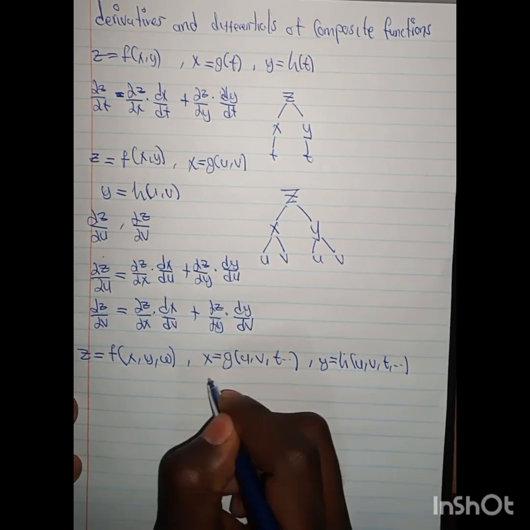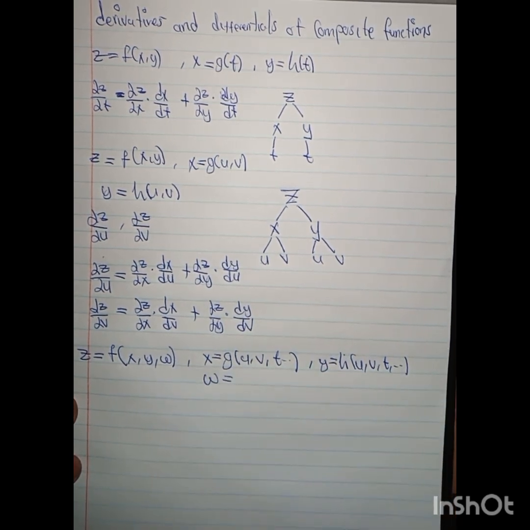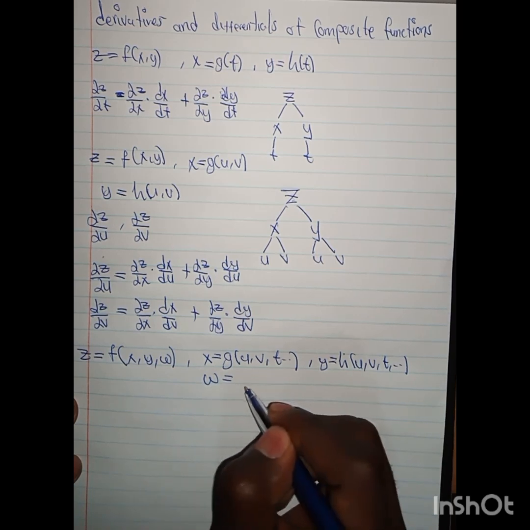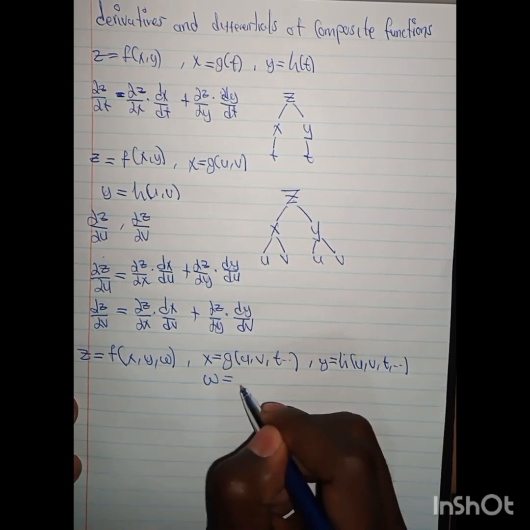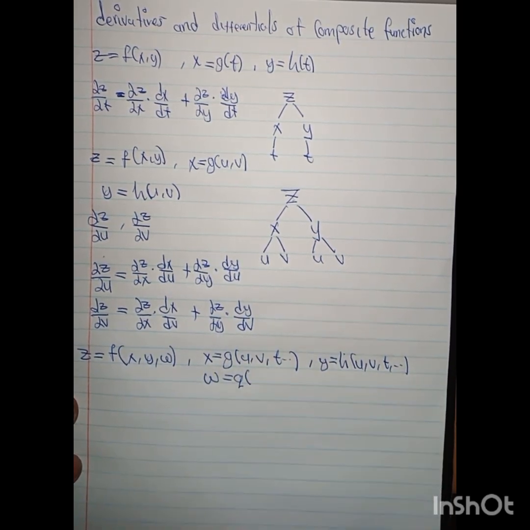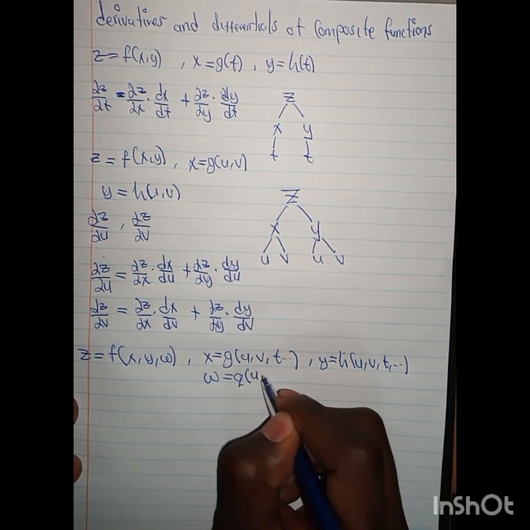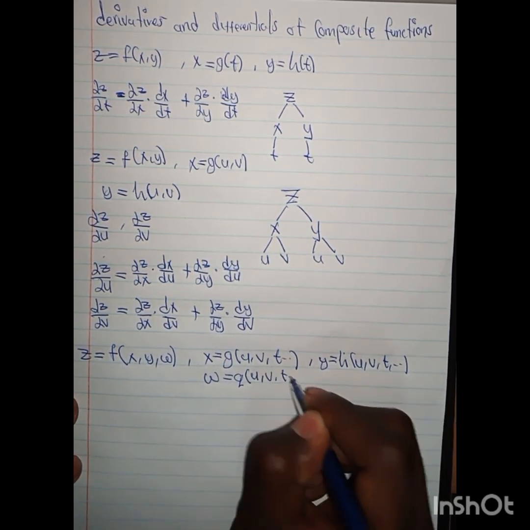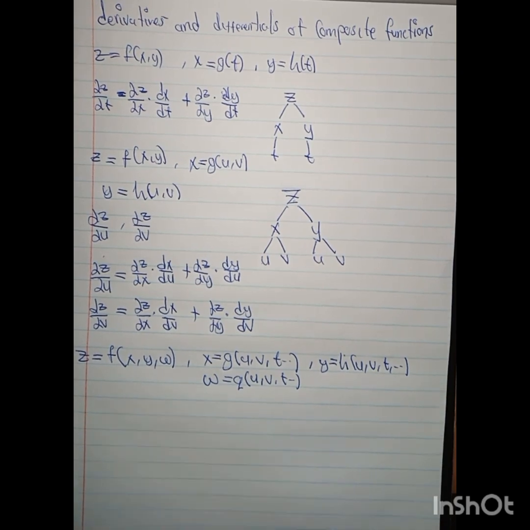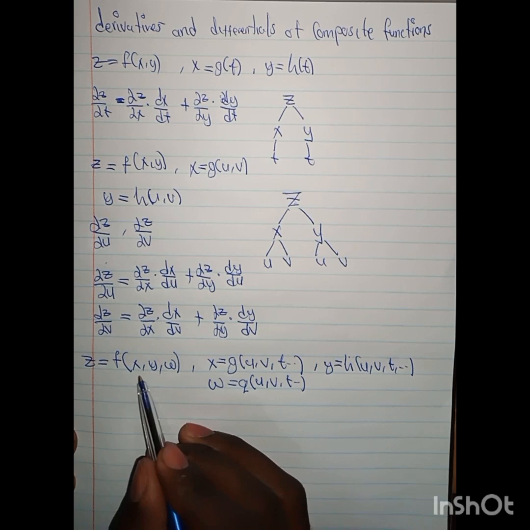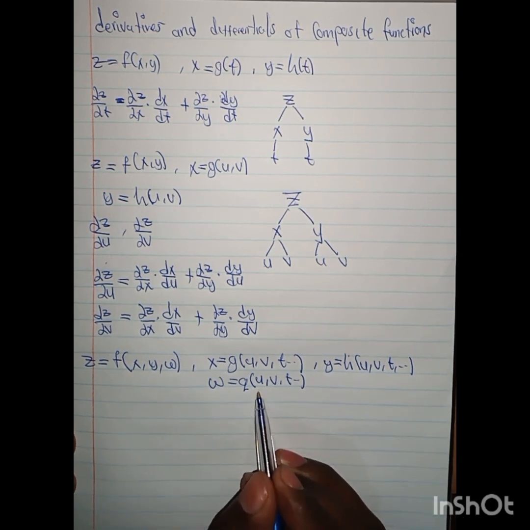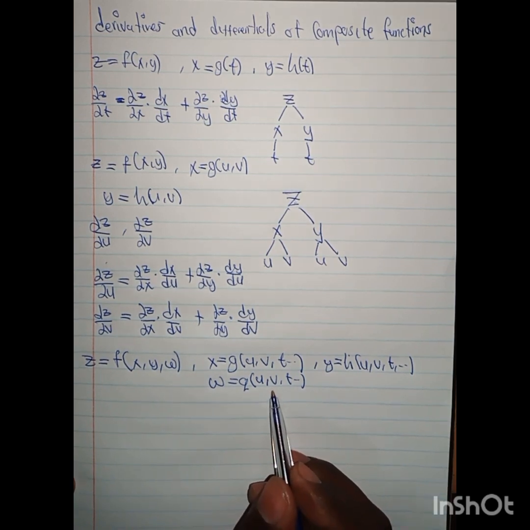And lastly we have w, which is a subfunction of z. Let me call this one q. And then I will say this one also contains u, v, and t up to the last variable. So out of this we can find dz/du. We can also find dz/dv, and lastly dz/dt.